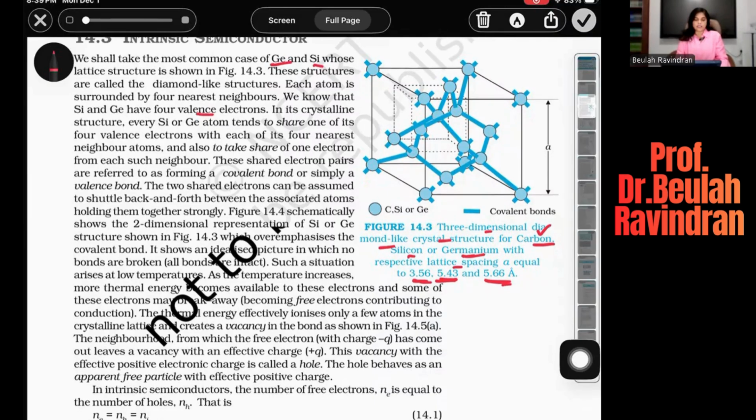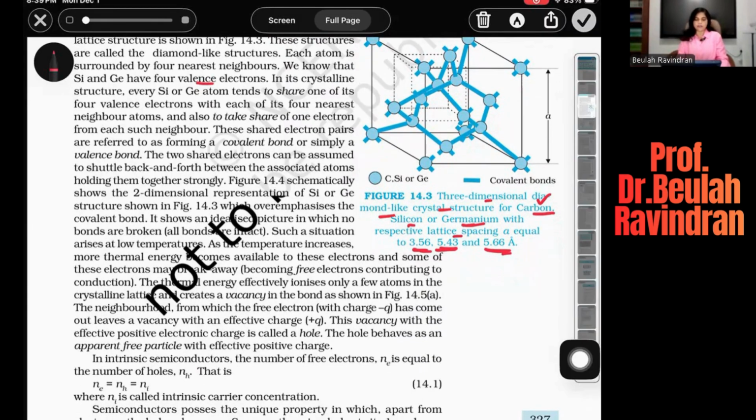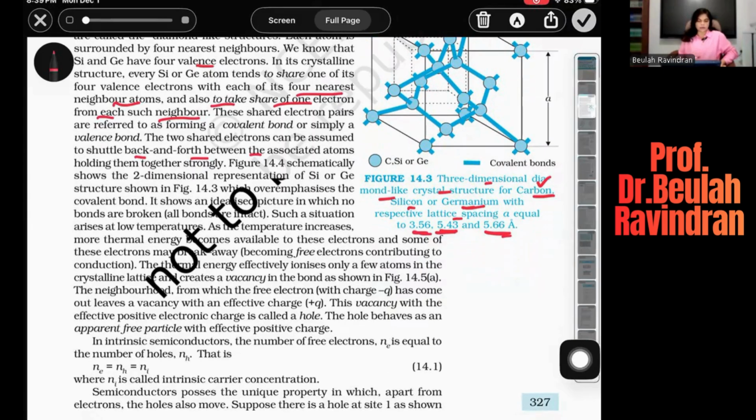Then these shared electron pairs are referred to as forming a covalent bond, or simply a valence bond. For example, there are four nearest neighbor atoms, and each shares one electron with the atom, so it forms a covalent bond, two mutually shared electrons. The two shared electrons can be assumed to shuttle back and forth between the associated atoms, holding them together strongly.